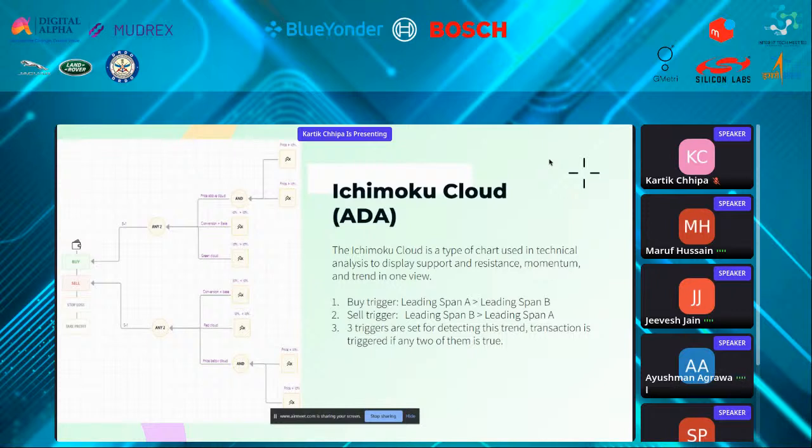In case of the buy option, if the leading span A crosses leading span B, then we will execute the buy trigger, and the converse will be the sell trigger. These will be executed even if two of them are true. So that was the Ichimoku Cloud. We'll proceed with what the results were from these three final boards.